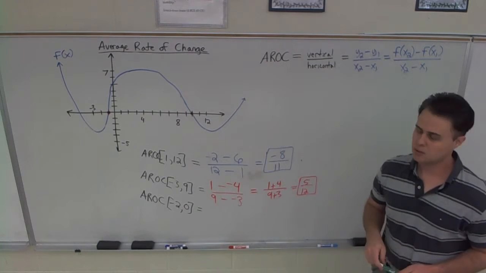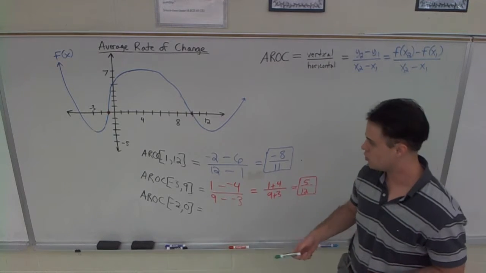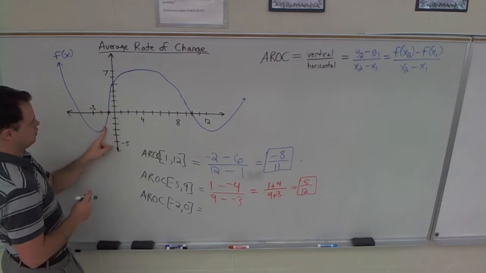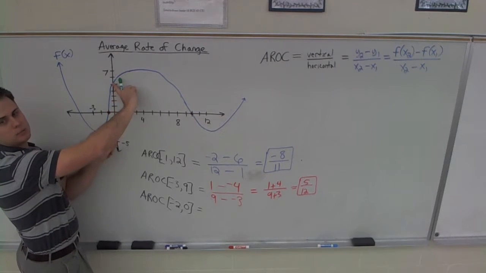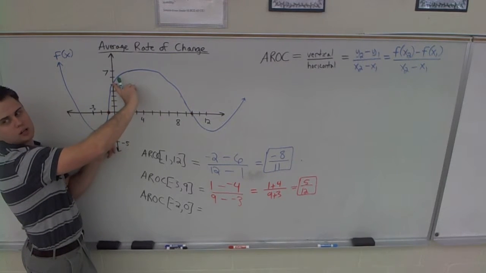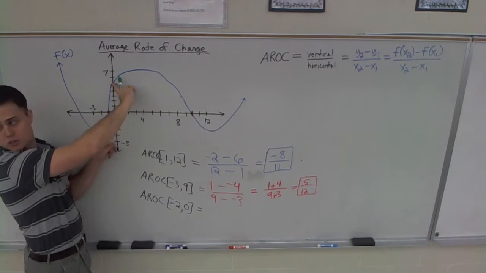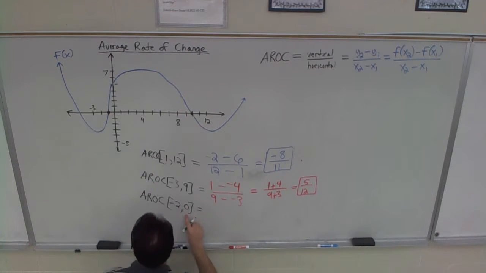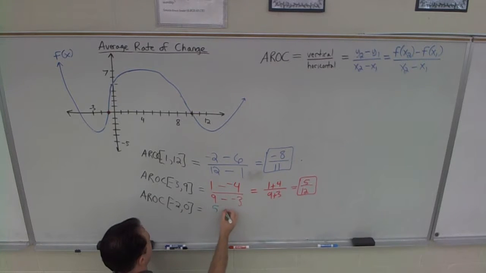Okay, so let's look at that other one. This time we're going from -2 just to 0. So from here to here, think about the line between those two spots. Is it positive or negative? Positive. Steep or shallow? Steep. So we should get a positive steep number. So let's do it. At 0, the y value is what? 5.